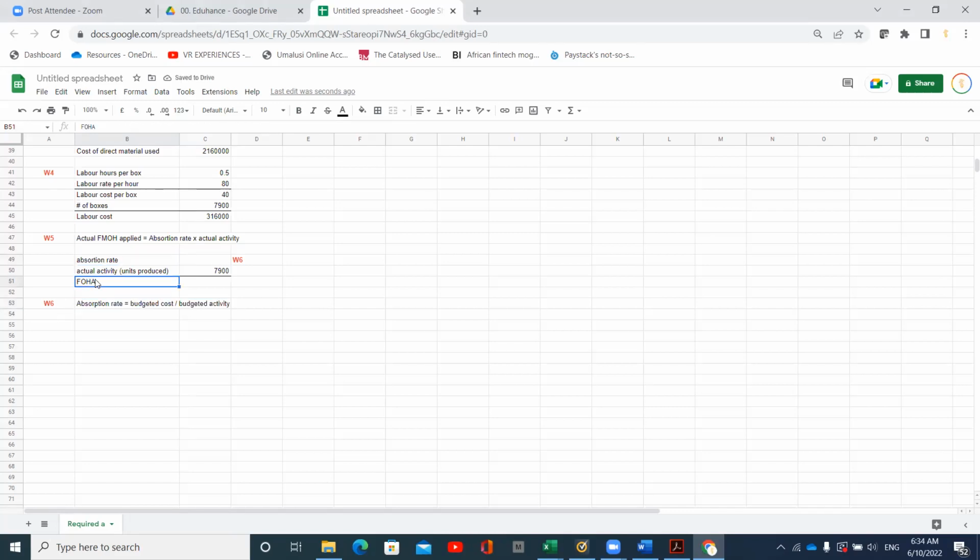When we want to work overhead applied, we take budgeted information times actual activity. So absorption rate, budgeted costs, let's put this in, budgeted costs, budgeted activity, and it'll give us absorption rate.